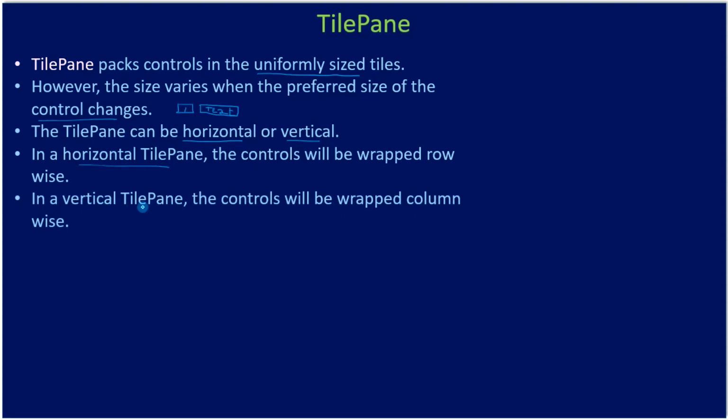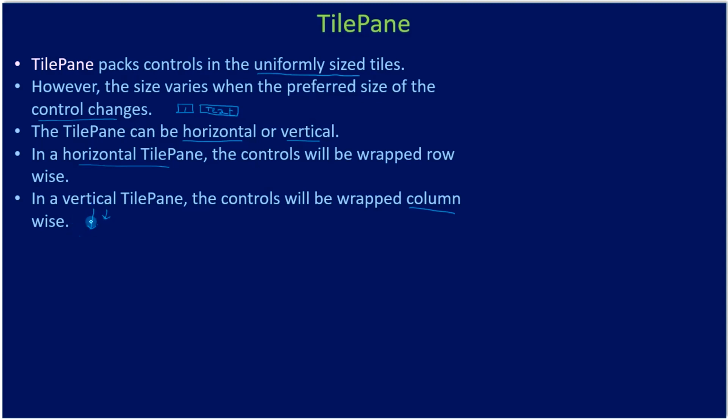In a vertical tile pane, the controls will be wrapped column-wise. That means the controls are placed top to down. Once the height is filled, then the next column will get filled. The same behavior happens when you start resizing the stage by altering the height. You can either reduce the height or increase the height.